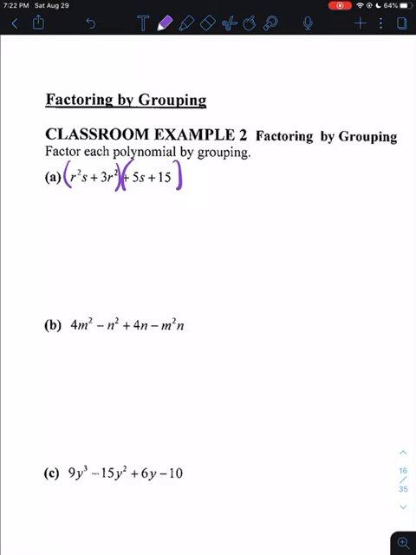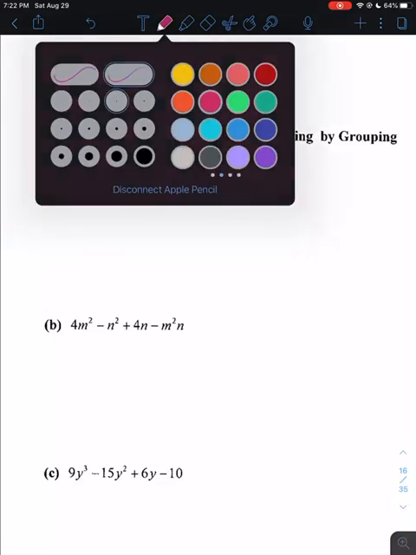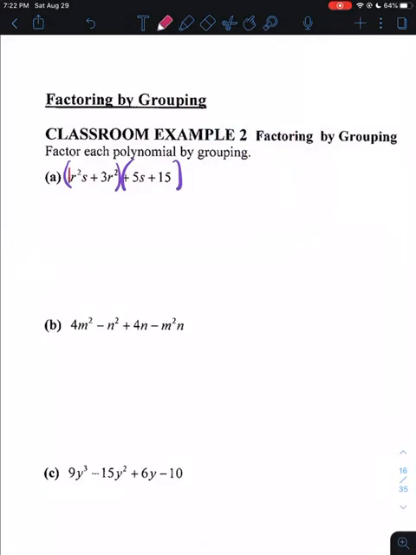So the first parentheses has a greatest common factor of just a 1 because there's an imaginary 1 in front of that r. And the greatest common factor between 1 and 3 is just 1. Then when it comes down to the variables, I can take an r squared from both, so r squared. And that will be it. So my first greatest common factor is 1r squared.